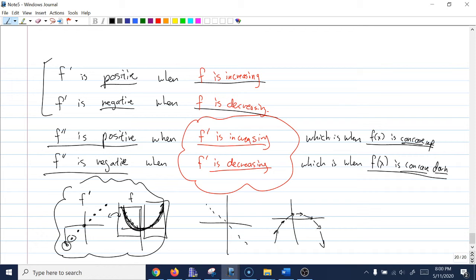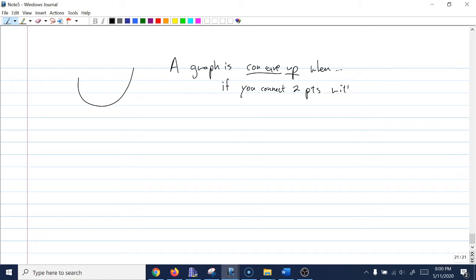This is the main thing to know about the second derivative. The first derivative tells me when the function is increasing or decreasing. The second derivative tells me if something is concave up or concave down. The technical definition of concave up: a graph is concave up when, if you connect 2 points with a line, that line segment is above the curve.